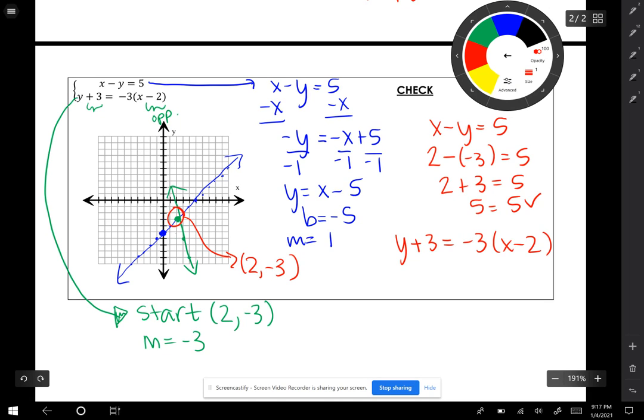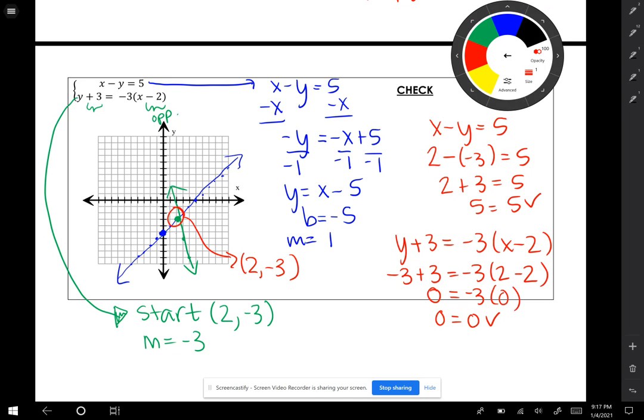I'm going to replace y with -3, so -3 plus 3 equals -3 times, replace x with 2, minus 2. Well, -3 plus 3 is 0, equals -3 times 2 minus 2, which is 0. So I end up getting 0 equals 0, which is also true. So we did this correctly, and our answer is in fact 2, -3.